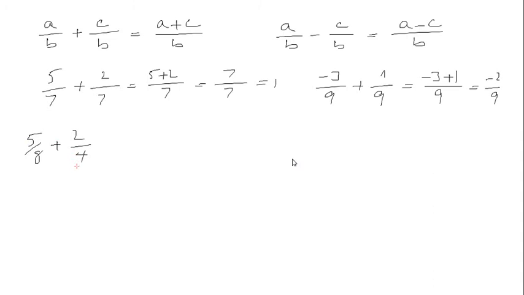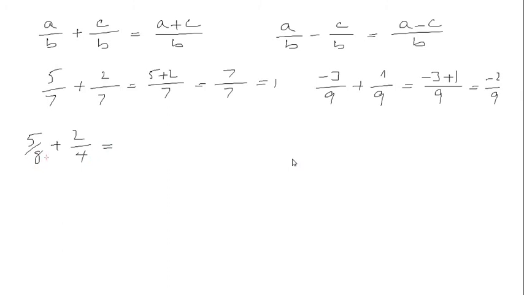The least common denominator is the smallest common multiple of these two numbers. In this case, 8 is a multiple of 4, since 2 times 4 is 8. So here, 8 is the least common denominator.